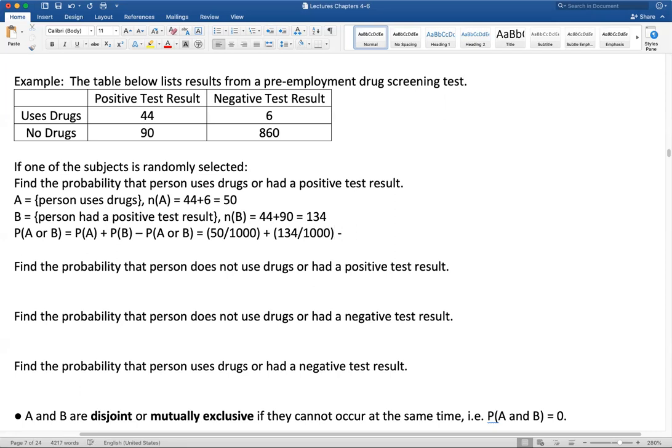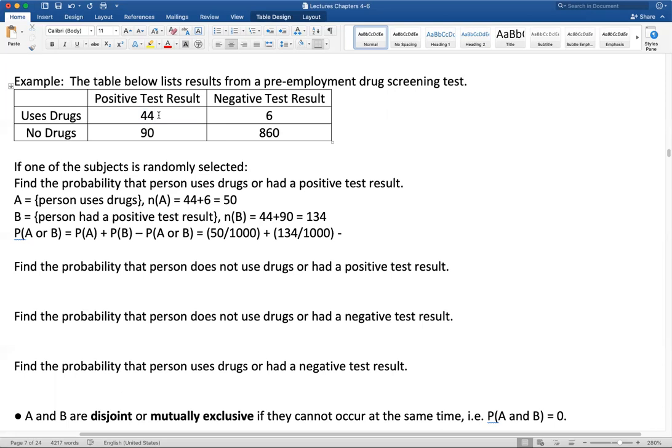Now next one, P of A and B. To figure that out, we need the number of outcomes belonging to both event A and B, which is 44. These 44 persons used drug and received a positive test result.